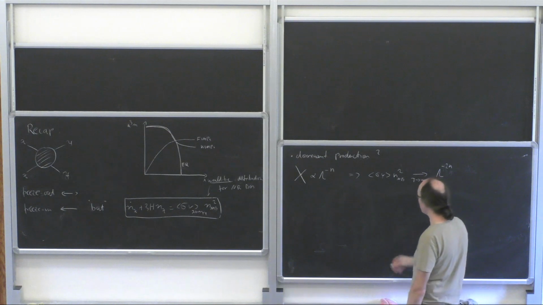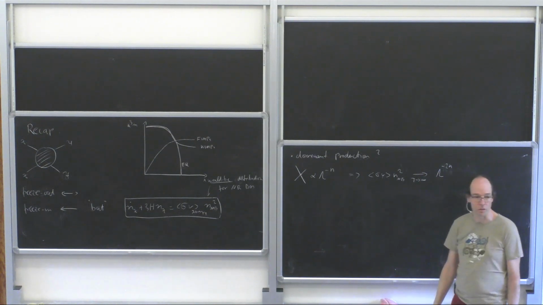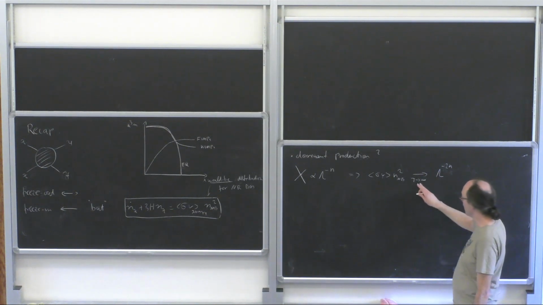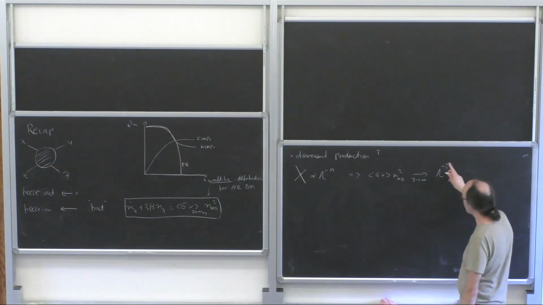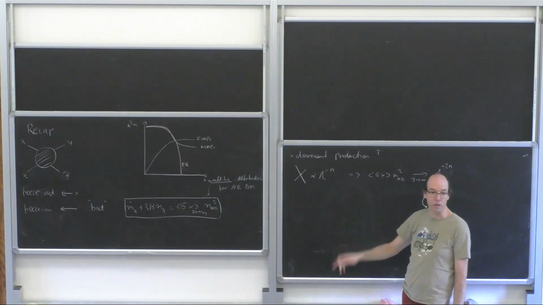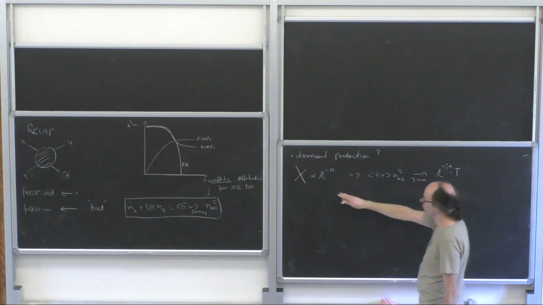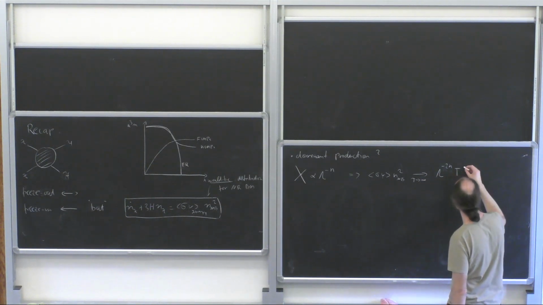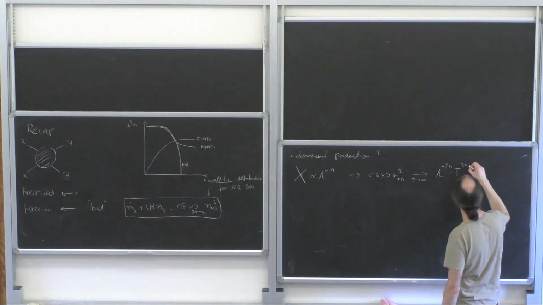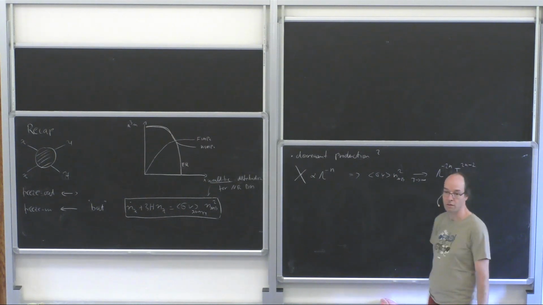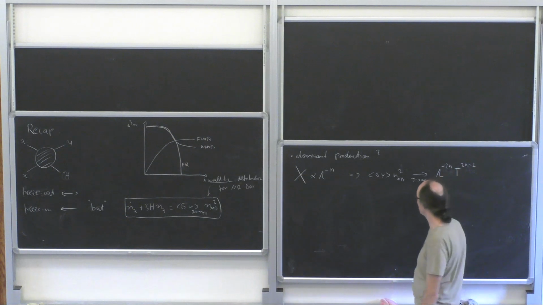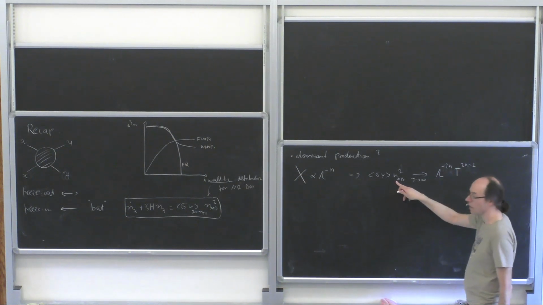But then by dimensional analysis, the only energy scale that we have at high energies is the temperature. And of course, the cross-section should still go like 1 over mass squared. So for a dimensionful coupling, we must make sure that this is a 2n minus 2 scaling for the cross-section. And then we have an n squared.